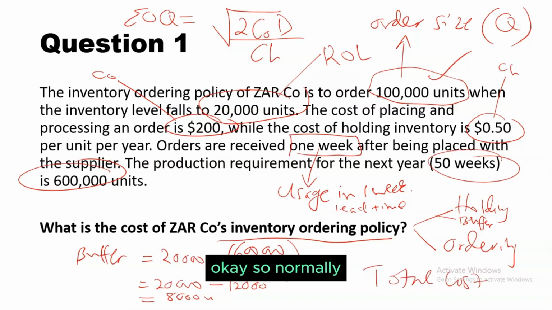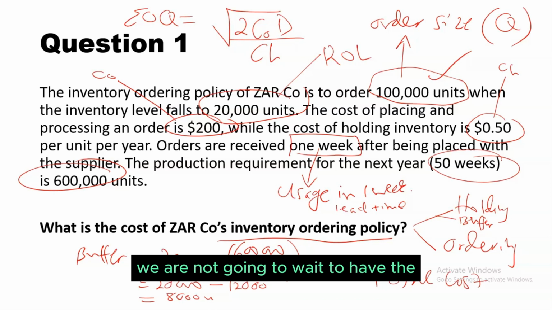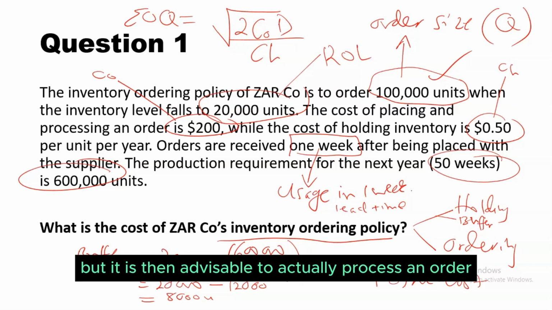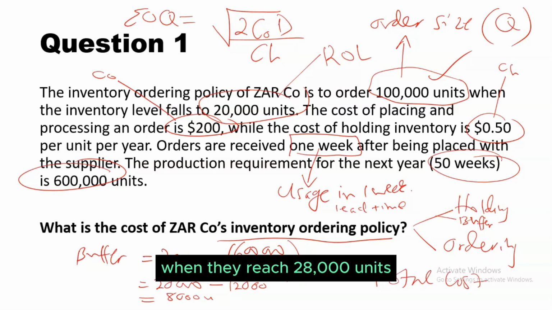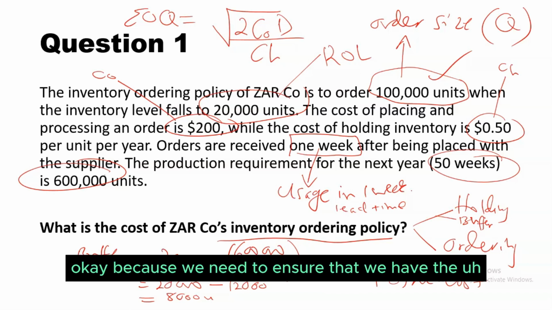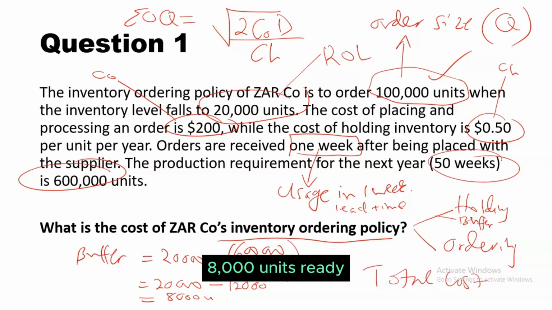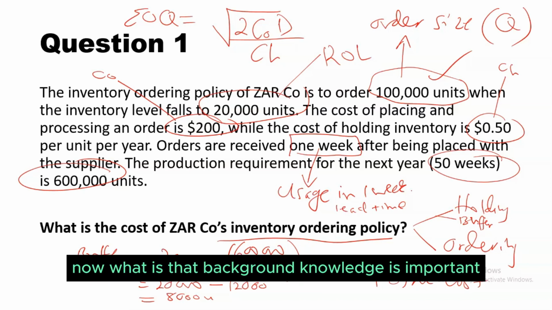Okay, so normally we are not going to wait to have exactly 20,000 units for us to process an order, but it is advisable to actually process an order when they reach 28,000 units. Okay, because we need to ensure that we have the 8,000 units ready.